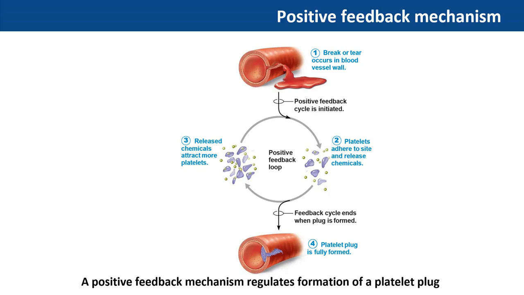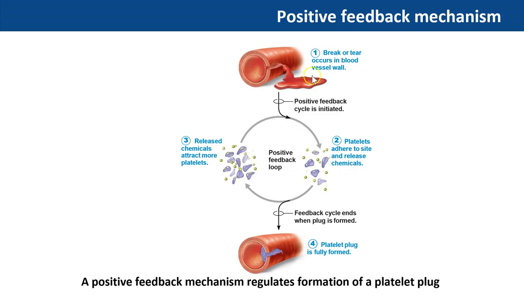Blood clotting is a normal response to a break in the walls of the blood vessel and is an excellent example of an important body function controlled by positive feedback. Basically, once a vessel has been damaged, the blood elements called platelets immediately begin to cling to the injured site. And then they release chemicals.